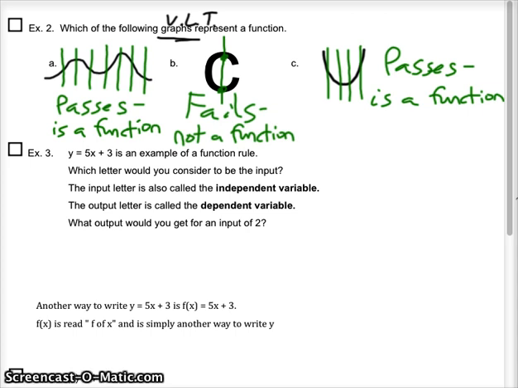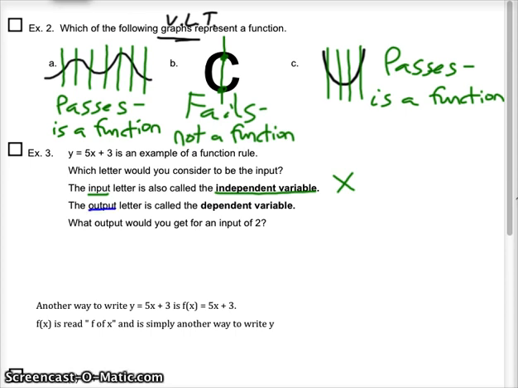All right. So example 3, y equals 5x plus 3 is an example of a function rule. Which letter would you consider to be the input? The input letter is also called the independent variable. The output letter is called the dependent variable. Well, so here all we're doing is adding another vocabulary word for each of these things. All right? So, input, independent variable, that is your x values.